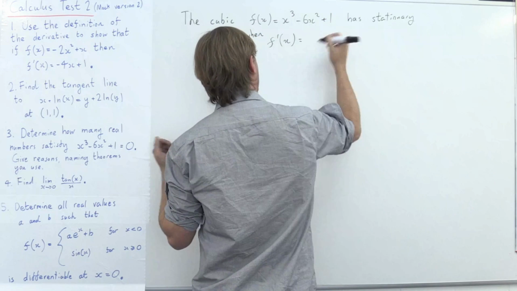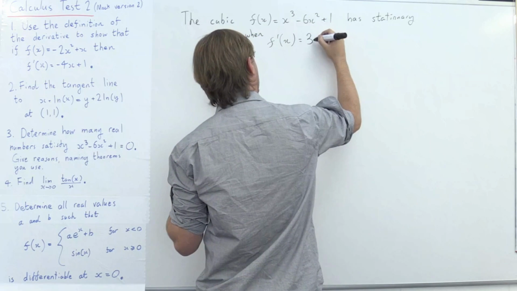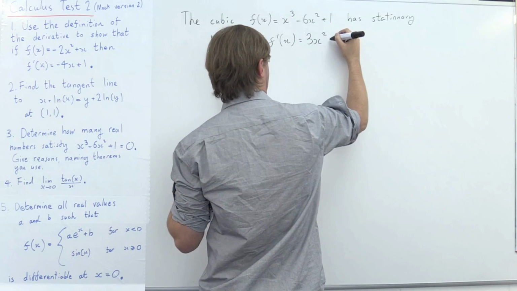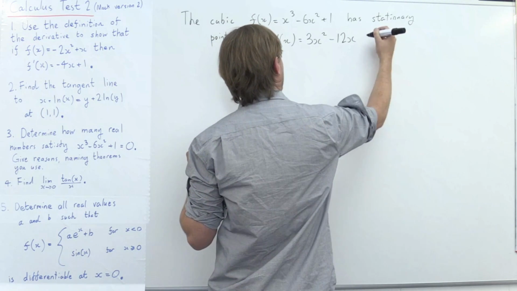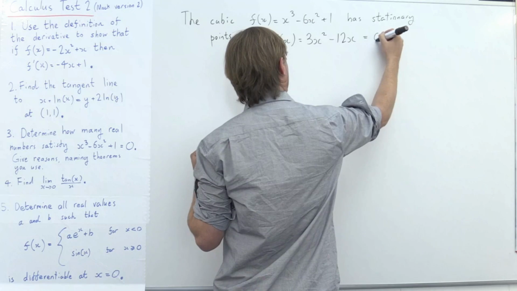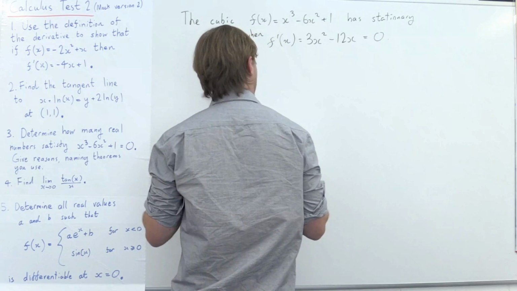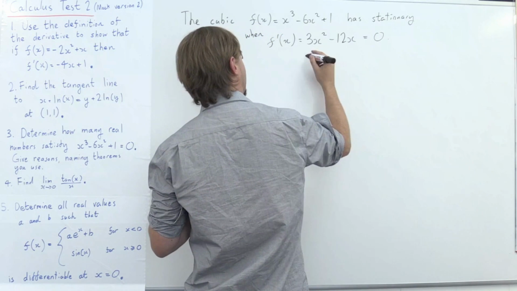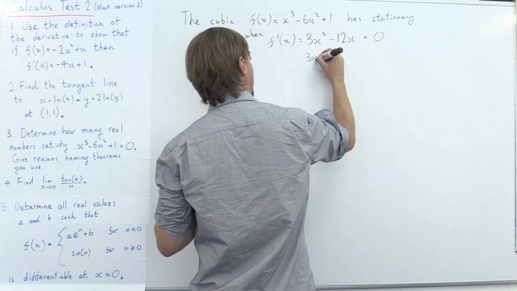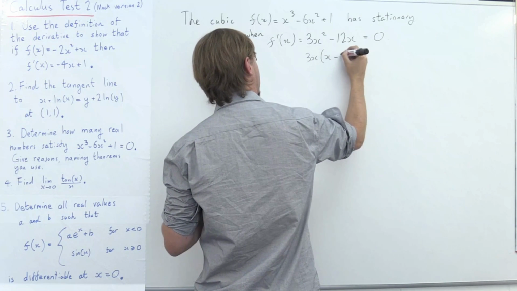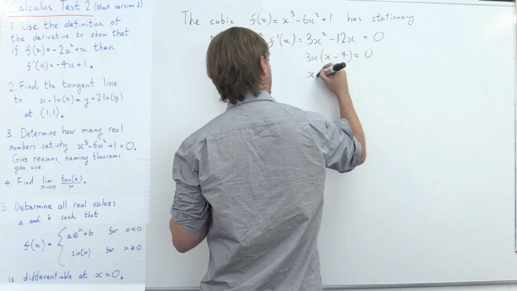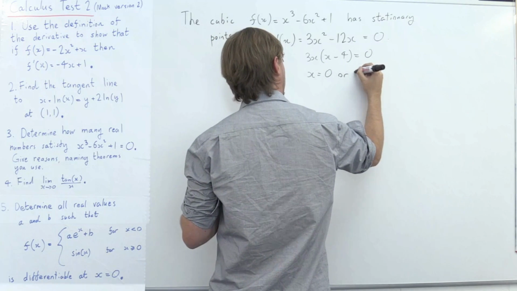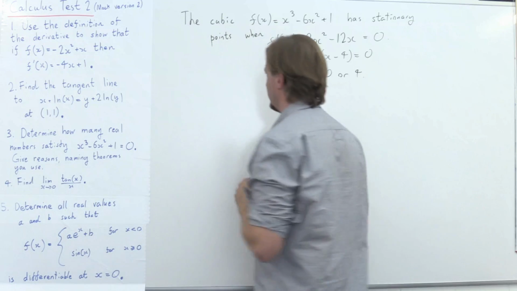So we know how to take the derivative of a polynomial. It is 3x squared minus 12x, and it's when that is equal to 0. Well, this one's not too hard because that is 3x times (x minus 4) equals 0. So x equals 0 or 4. So these are the stationary points.